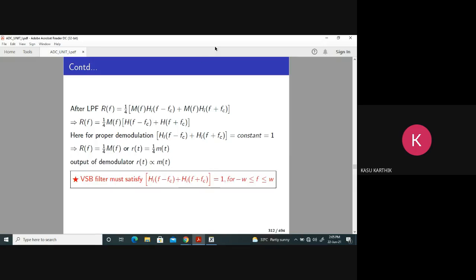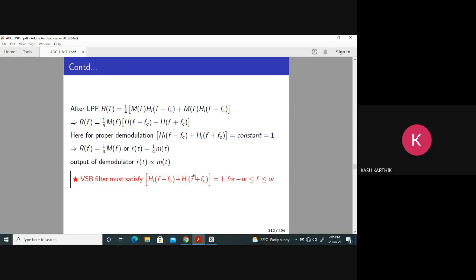The VSB filter must satisfy what condition? Hi of f minus fc plus Hi of f plus fc should be equal to 1 between minus W to W. So this is the derivation of this condition. Please remember, this is one of the important conditions of any modulation technique.